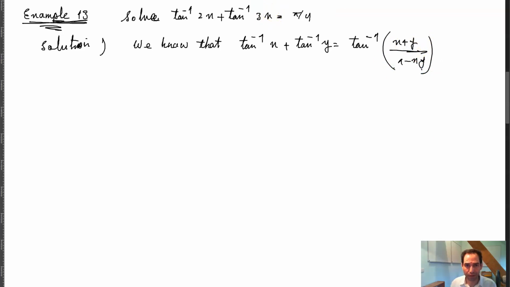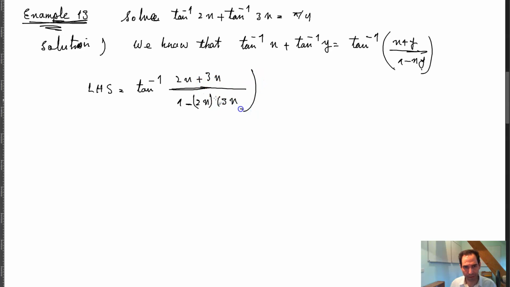And so if I write the LHS as the tan inverse of 2x plus 3x over 1 minus 2x times 3x, I will have the tan inverse of 5x over 1 minus 6x squared.